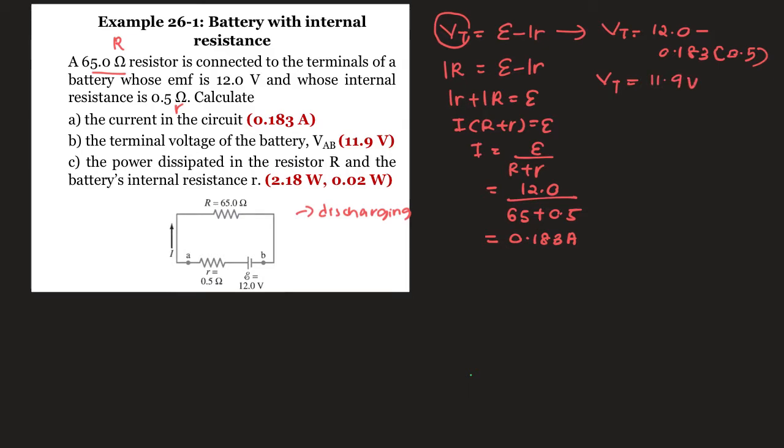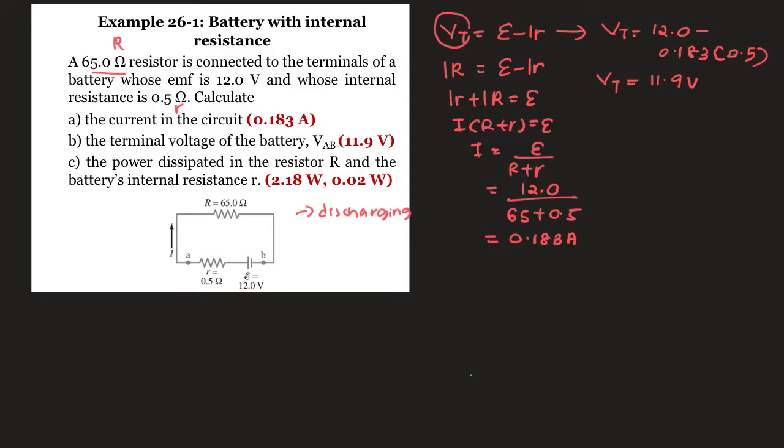So for question C, the question asks you to find the power dissipated in the resistor. Power dissipated can be called heat. Heat is basically one example of power dissipated. If the question asks you only about power dissipated, then you need to focus on the resistor.